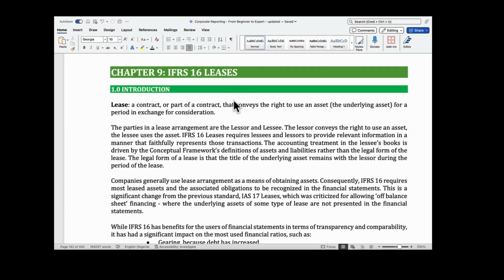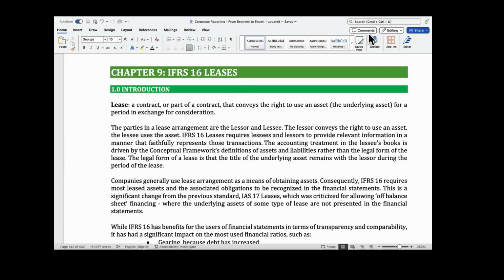Also during the week, on Thursday, we were able to start IFRS 15 on revenue. I've informed you that we'll continue that on Thursday so as to finish it and also to start IAS 8 on accounting policies. So let's face what we have for tonight.